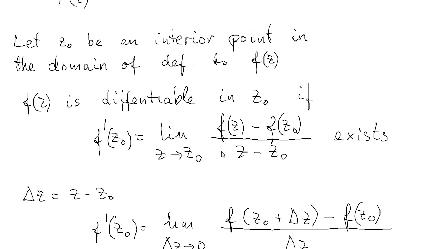We have the fraction of f(z) minus f(z0) divided by z minus z0, and when z goes to z0, this limit should exist. If it exists, then it's called the derivative of f at the point z0.